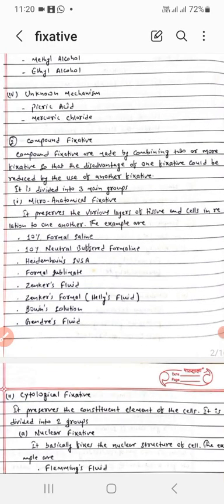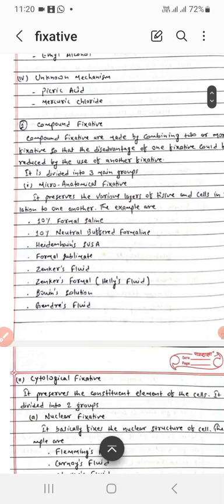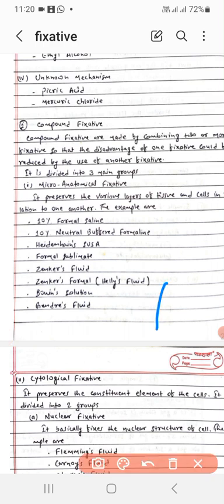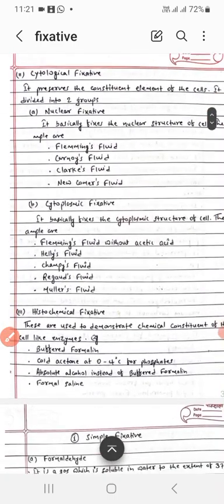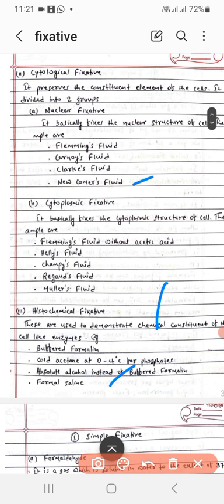Compound fixatives are mainly three types: microanatomical fixative, cytological fixative, and histochemical fixative.